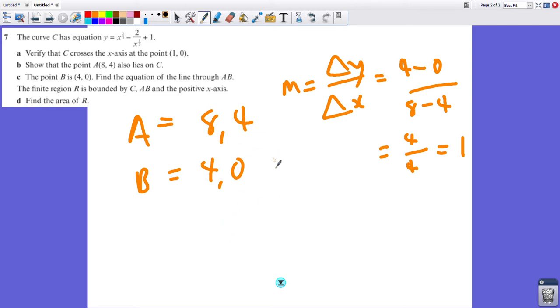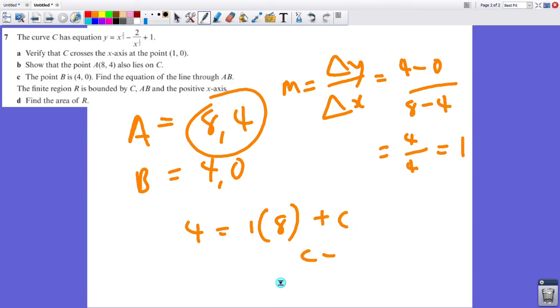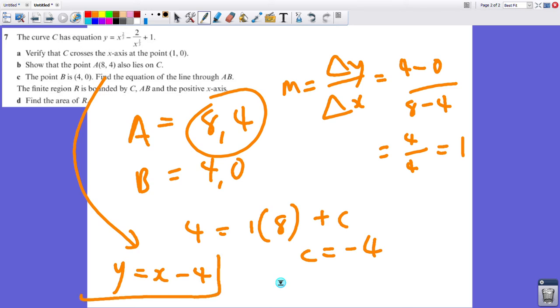I'll plug it into any coordinate, so we'll plug it into this coordinate here, so 4 is equal to 1 lot of 8 plus c. C clearly then is minus 4. So to answer the question, the equation of the line is y equals 1x, so just x, minus 4. So that's part C done as well.